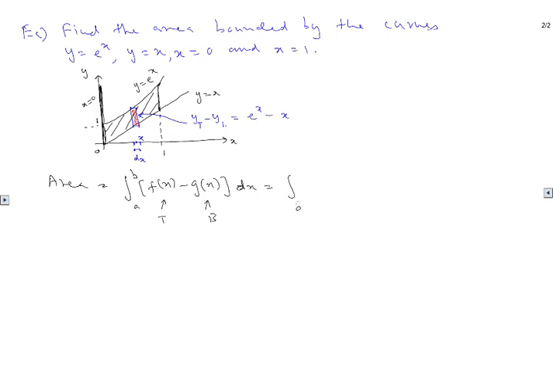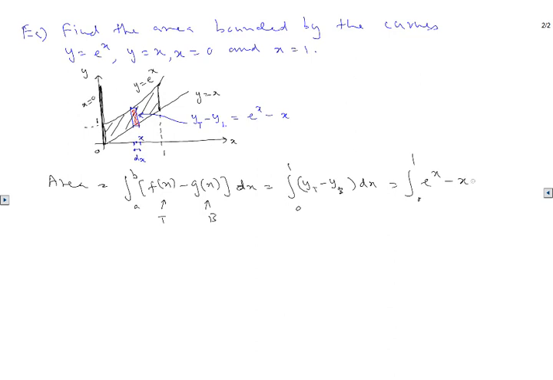X is the one changing, so x changes from 0 to 1. Those are the limits of x. And the top function minus the bottom function, y_t minus y_b, dx. So from 0 to 1, the top function is e^x and the bottom function is x.